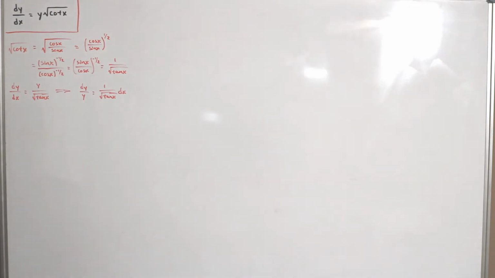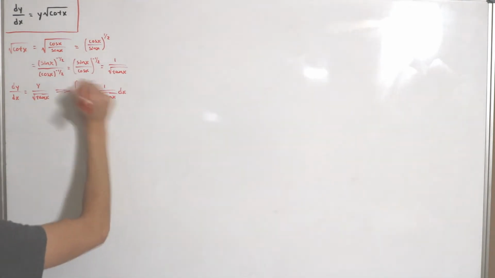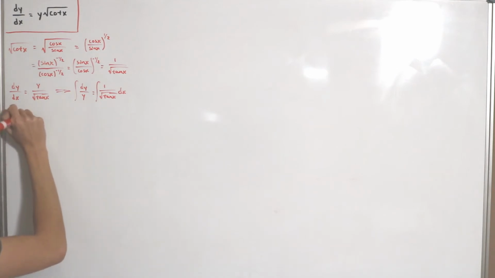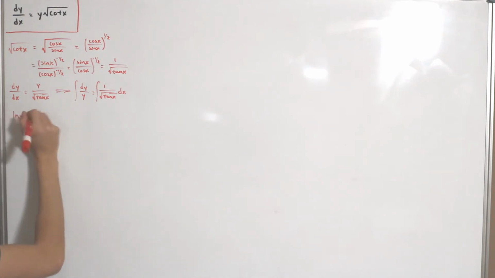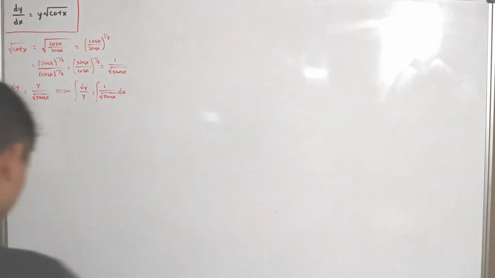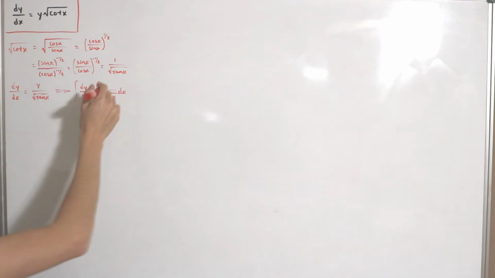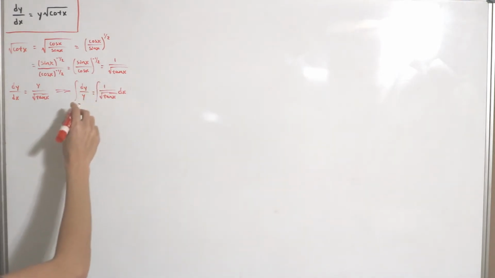And now from here I can integrate both sides. On the left-hand side I'll get the natural log of y. But let's not jump the gun just yet. Let's take the indefinite integral of our right-hand expression.